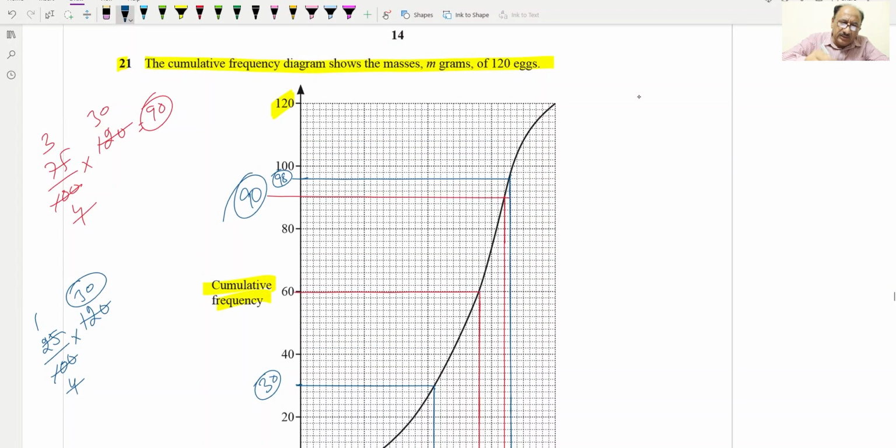From 98 to 120, this is basically above 63 grams. So we can write this will be 120 minus 98.